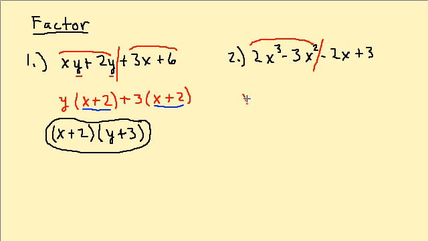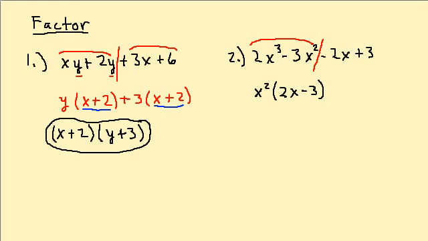So I have x squared times, and if I factor out an x squared out of the 2x cubed, I'm left with 2x. Factor out x squared out of the 3x squared, I'm left with minus 3.